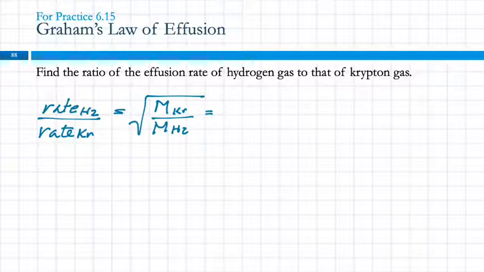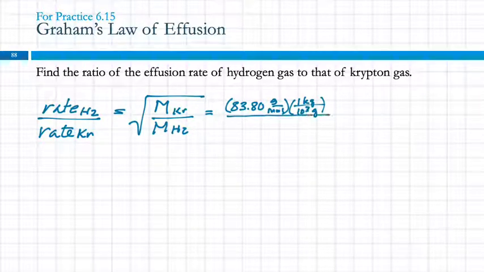So I need their molar masses. Krypton, 83.80 grams per mole. And if it bothers you that it's supposed to be in kilograms, we can convert that. And down here, I've got the molar mass of hydrogen. It's H2. It's supposed to be 2.016 grams per mole.